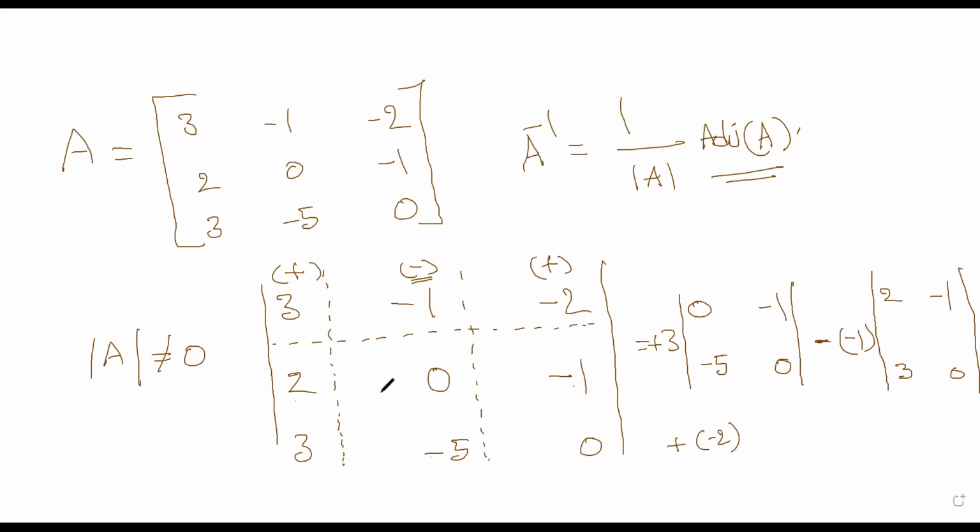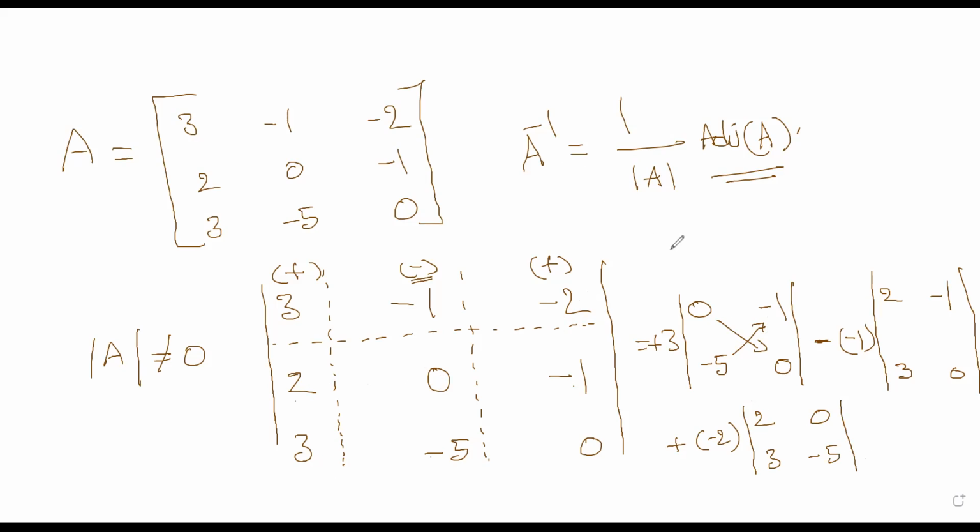Then you get 2 0, 3 minus 5. Now solve it. If you remember, you can solve this: it is AD minus BC.